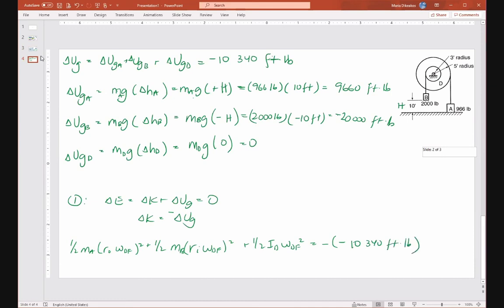Okay, before we plug in numbers, let's factor out the omega squared. Oops, I forgot the R here. So what value do we get in this bracket here?